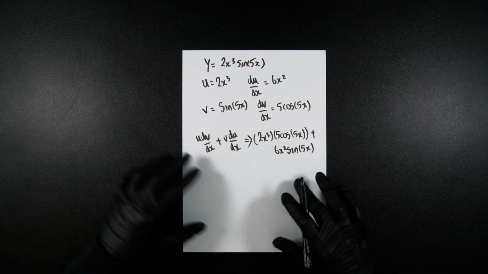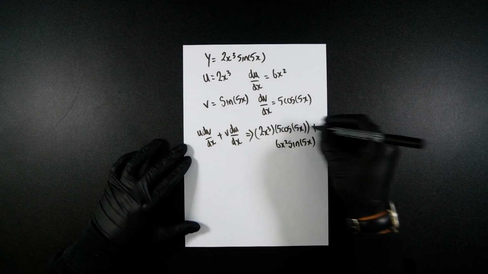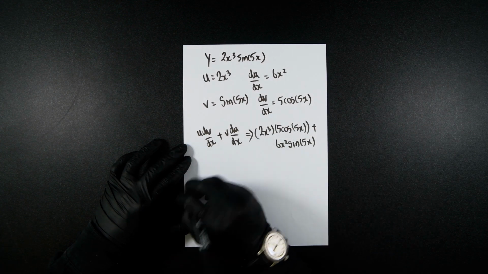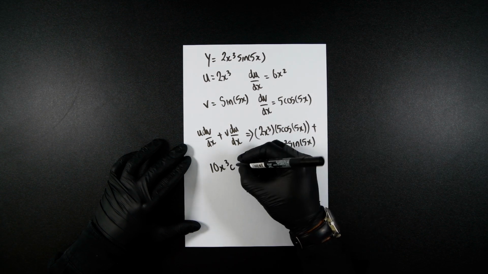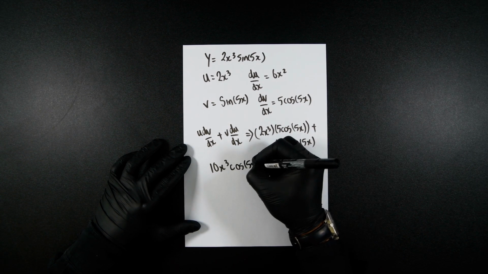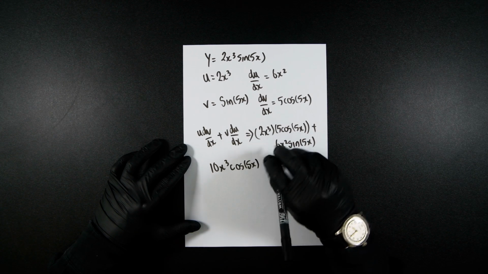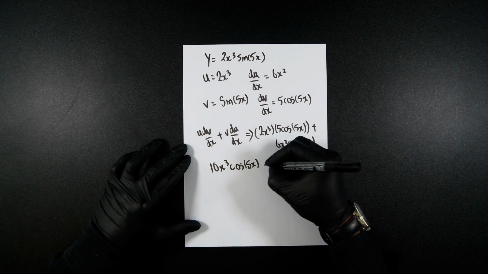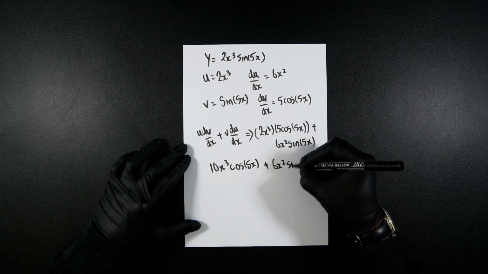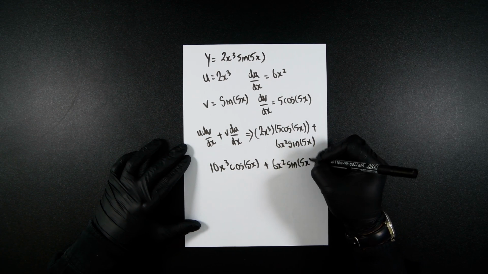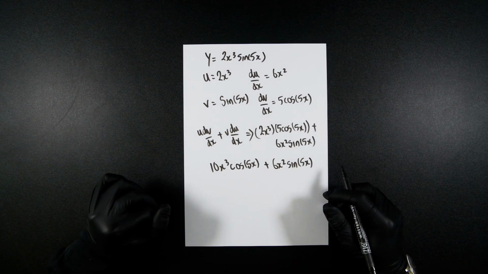It can be neatened up a little bit, but not too much. We can sort this out at the top. So you're going to have 10x cubed cos 5x plus 6x squared sine 5x. So that is the differential.